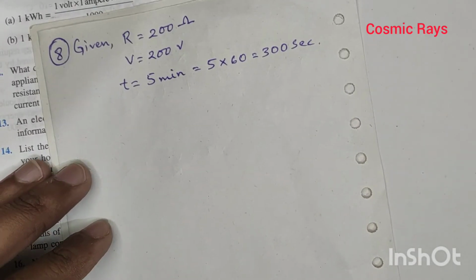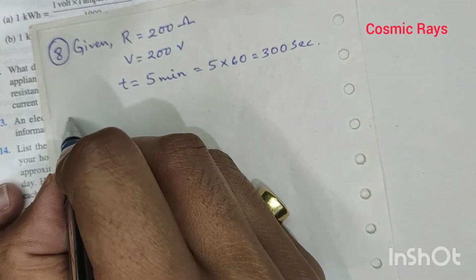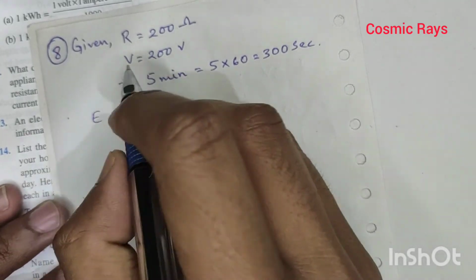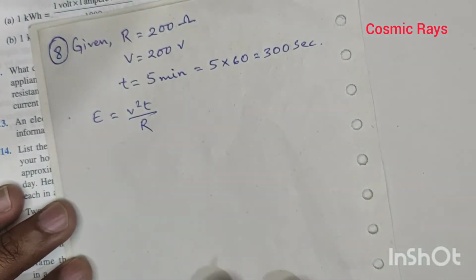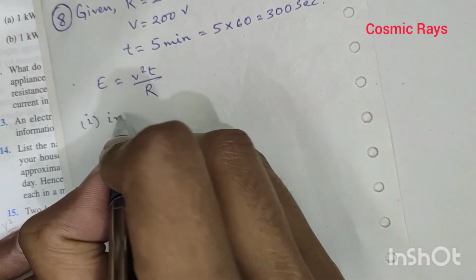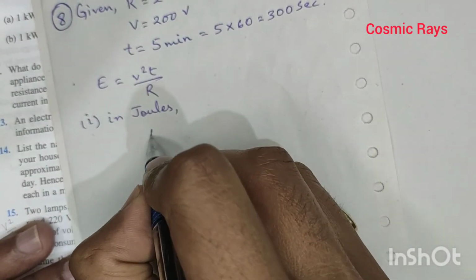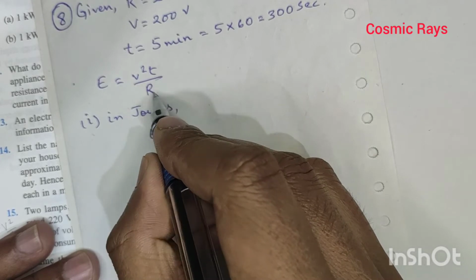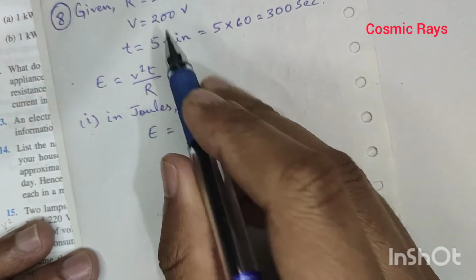So here the energy is V square T upon R. Now the first part of the question says we have to calculate energy in joules. Now, so E is equal to V square T upon R. I am directly putting the values. V is 200 volts.